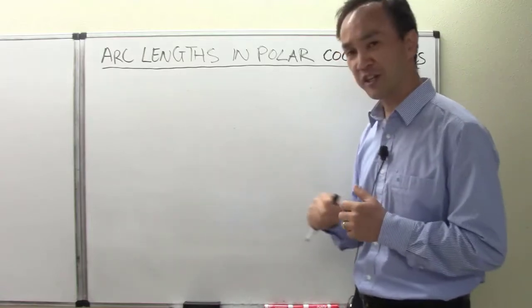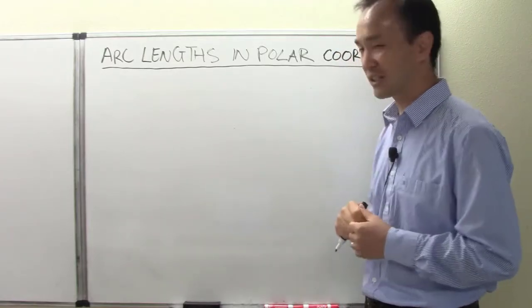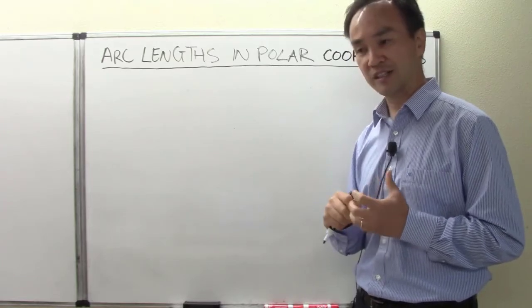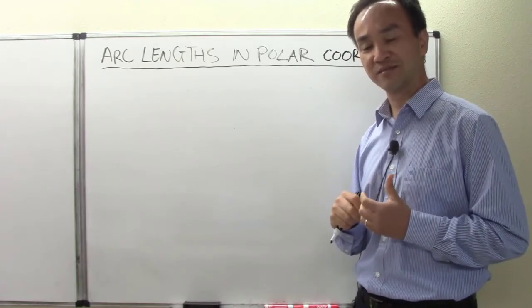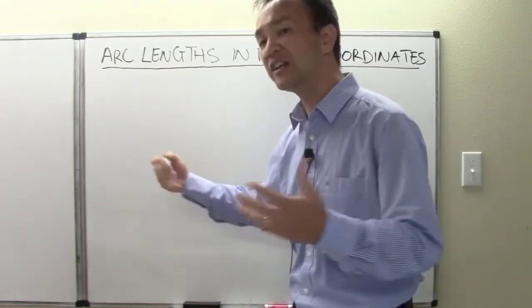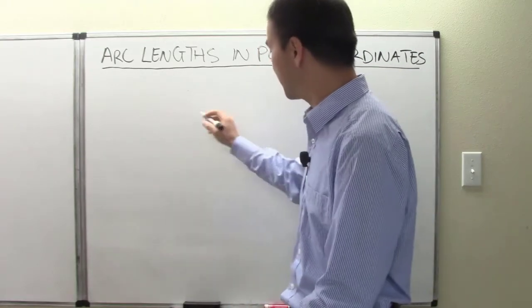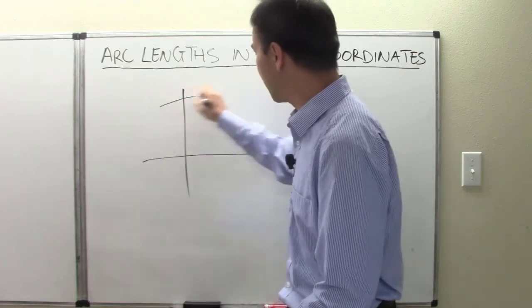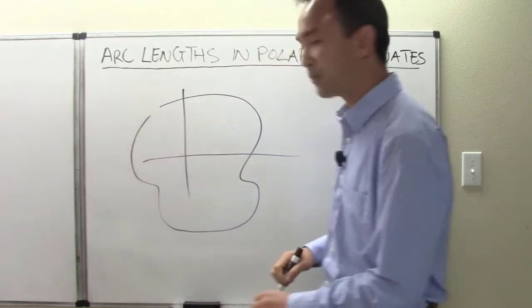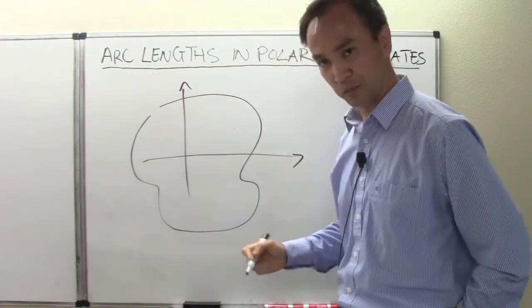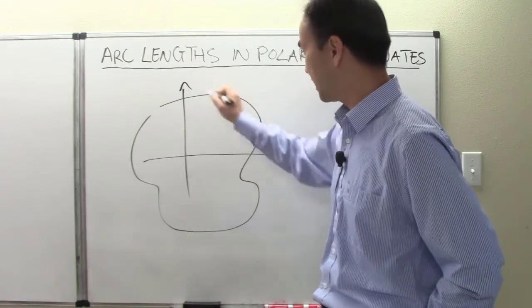Now, as you have already seen through your study with polar coordinates, and especially how to graph a polar curve, a lot of times a polar curve is generally in a curved shape right here, and that's a polar curve. Okay, so any polar curve, more specifically, has a graph in a bent shape like this.